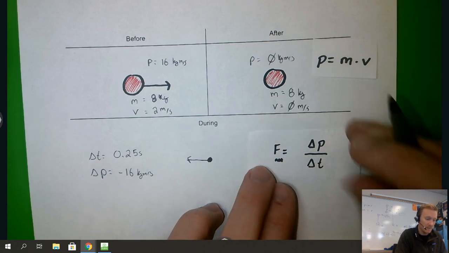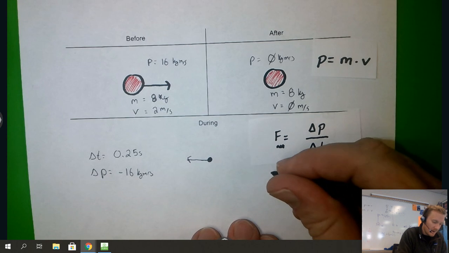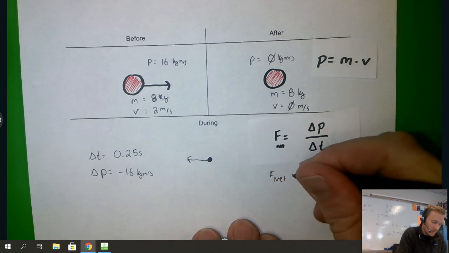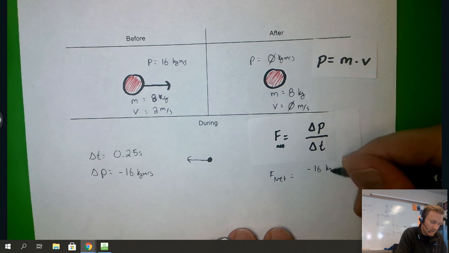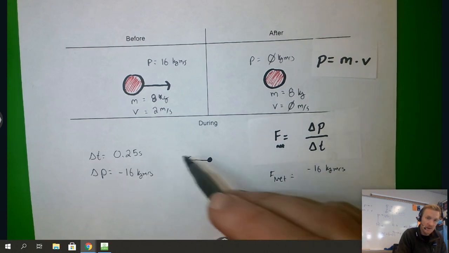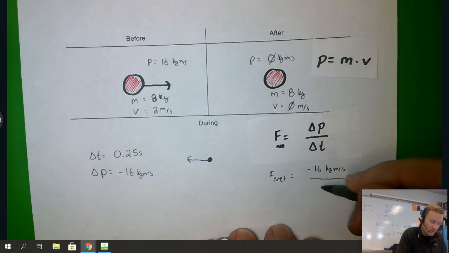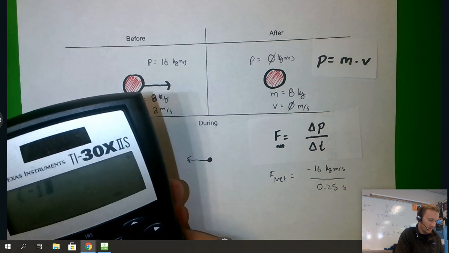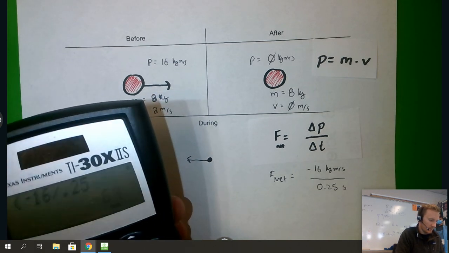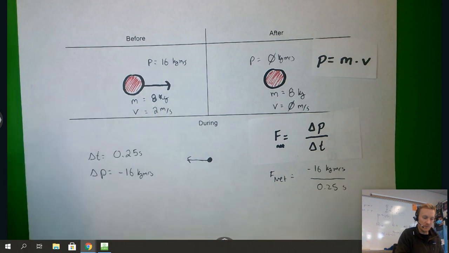Okay, so we have the change in momentum, negative 16. We have the change in time. We can again solve for the net force. Okay, so change in momentum was negative 16. Right, change in time was 0.25. Okay, and that's seconds. So negative 16 divided by 0.25 equals 64.